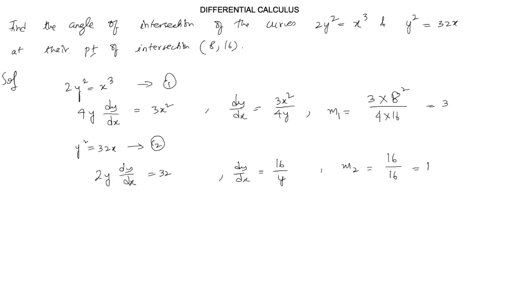Now if theta is the angle between the two curves at (8, 16), tan theta is equal to 3 minus 1 divided by 1 plus 3 into 1, which gives us 2 by 4, which is 1 by 2. So now theta is tan inverse 1 by 2.